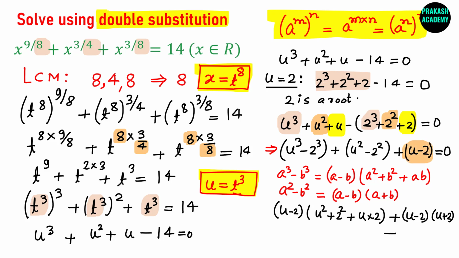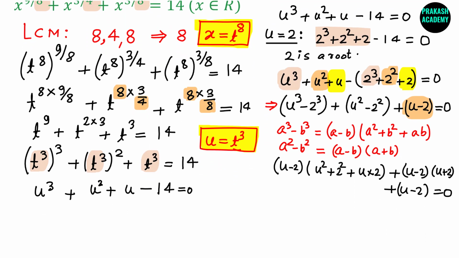And finally we have another term, that is u minus 2 here. So we can keep this term u minus 2, and this equals 0. Now you can see that the u minus 2 term is common everywhere. So let us take u minus 2 common, then you will have u² plus 4 plus 2u, and this is u plus 2, and here you will have 1.